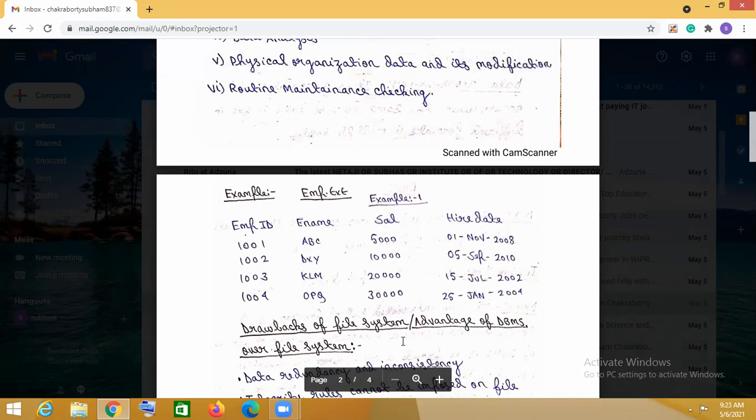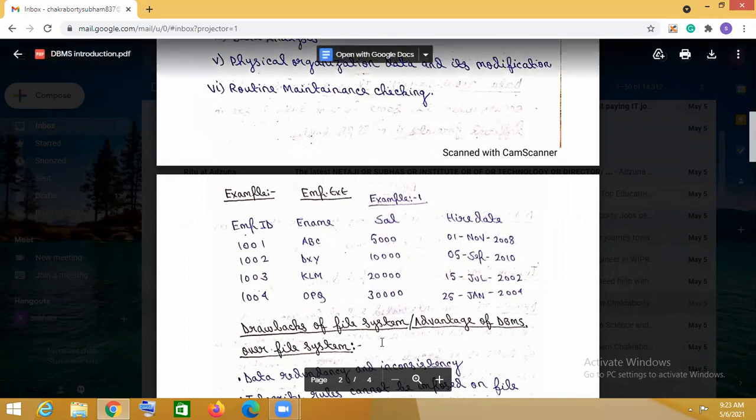Now, you can say, okay, but what is the advantage of DBMS? We can use the file system also, but in the file system, some problems happen. For that reason, we always prefer database management system over file system.